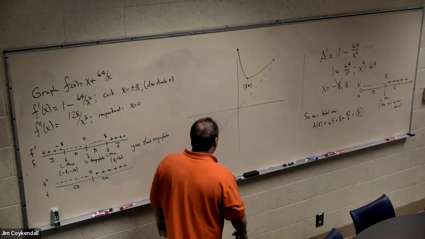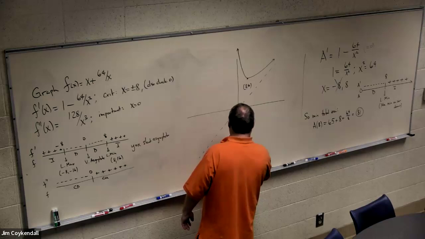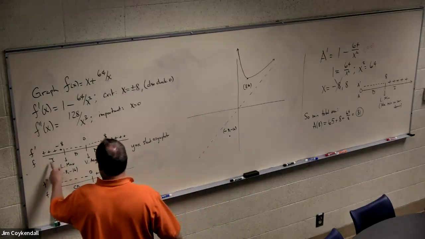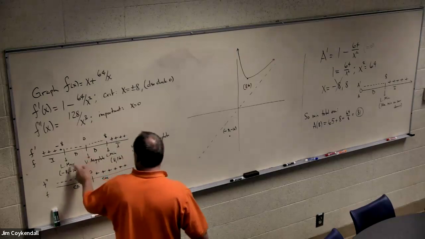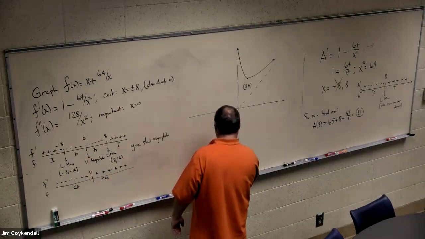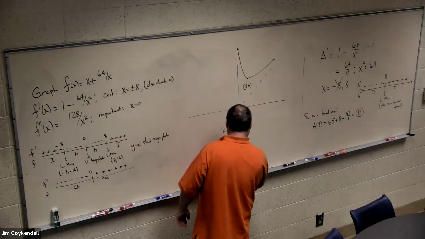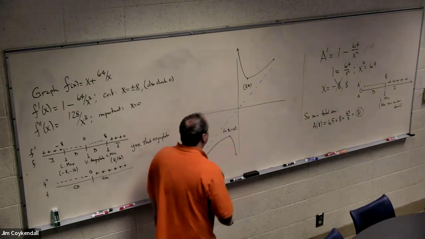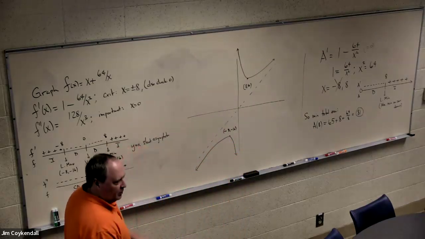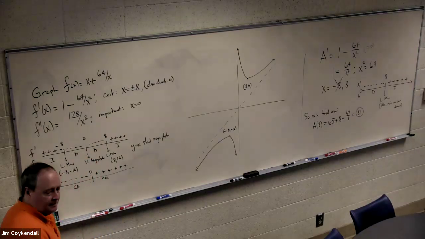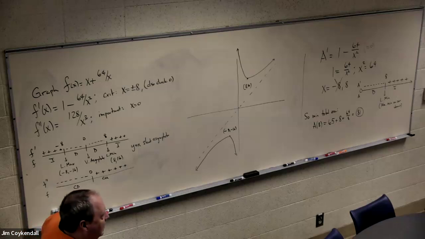And this is an odd function, so from here on this side, you increase coming off the same asymptote, you hit the local max. Everybody okay with that? Is that clear?